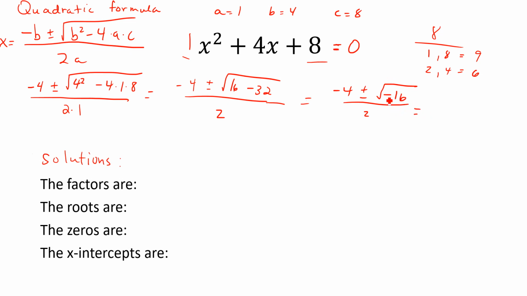So to get rid of that negative inside of the square root, all we have to do is take the square root of the number inside without the negative and put a little i on the outside to indicate that it's an imaginary number.